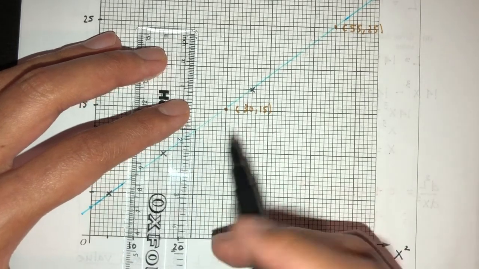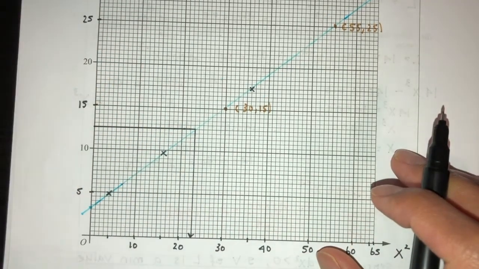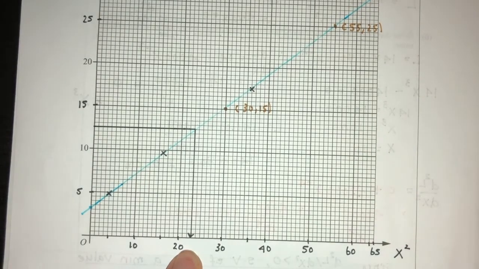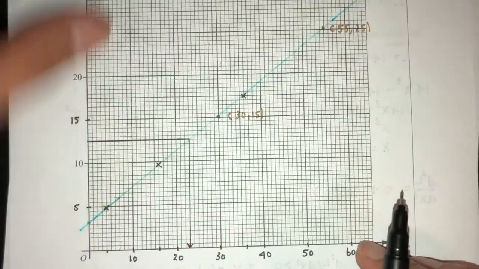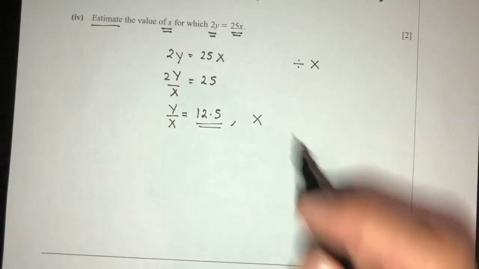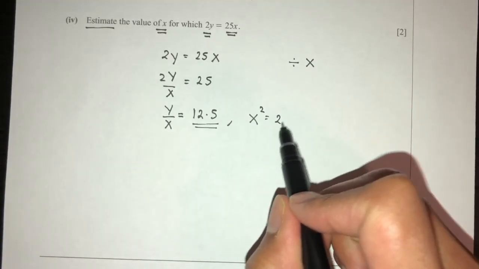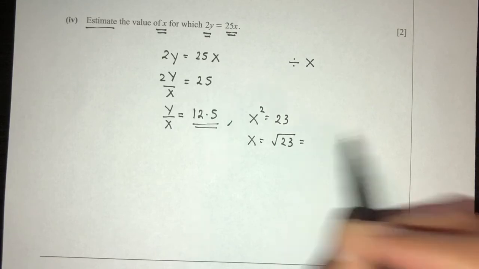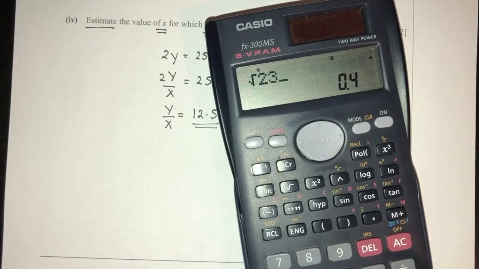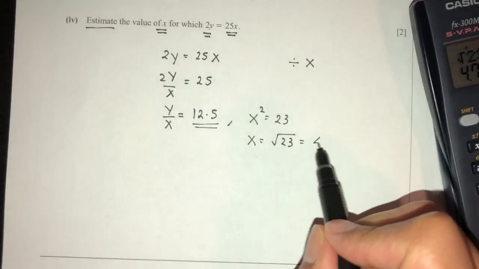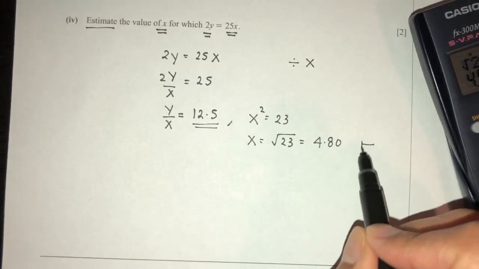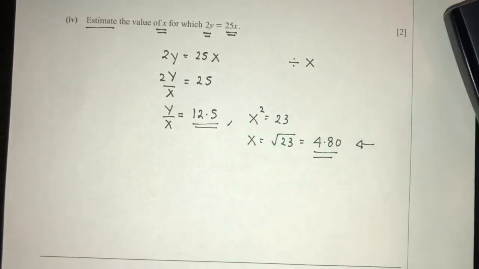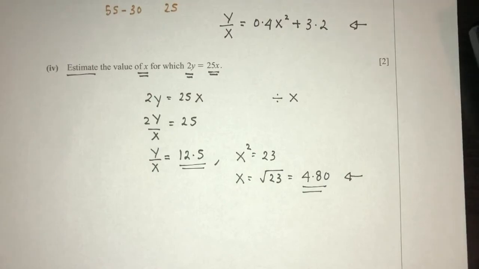So this is my corresponding value for x squared, that is 23. So with that value, I have x squared as 23. So x will be root of 23. That will be 4.80, correct to 3 SF. That is my value for x, and that is your question number 8.